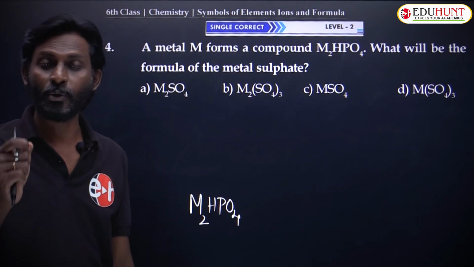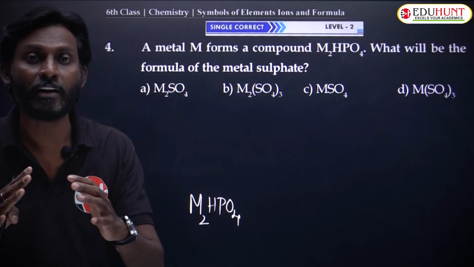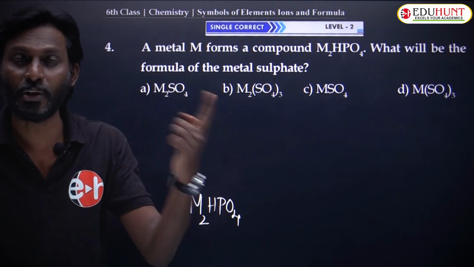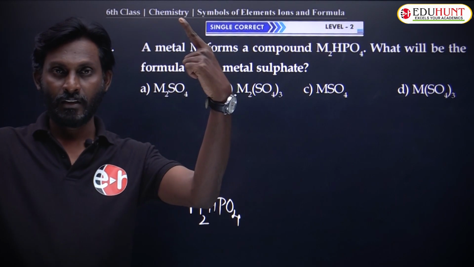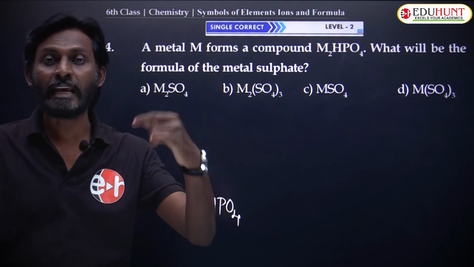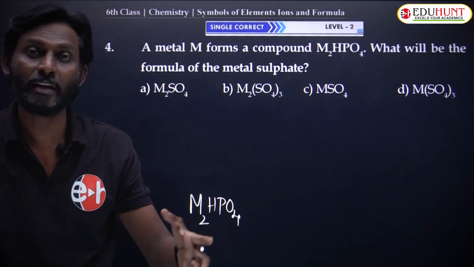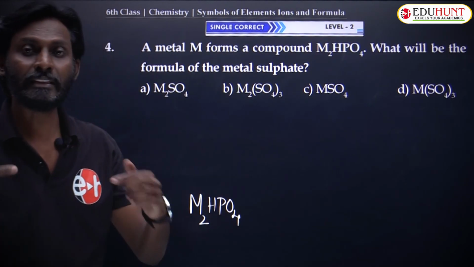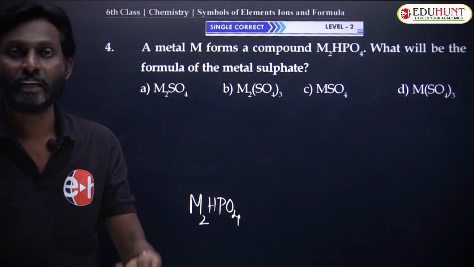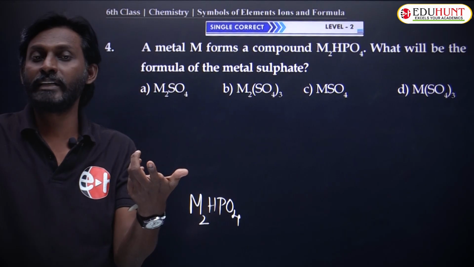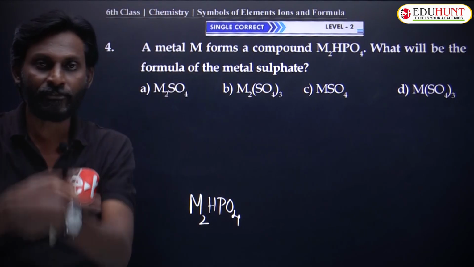But I hope you remember the process of writing the formula from the ions, right? Crisscross method. In the crisscross method, you take ions, raise their charges and crisscross them to get the formula, right? Yes. Now, I am going to reverse the process. In the crisscross method, we have ions and we crisscross to get the formula.